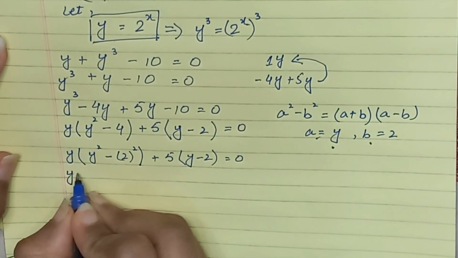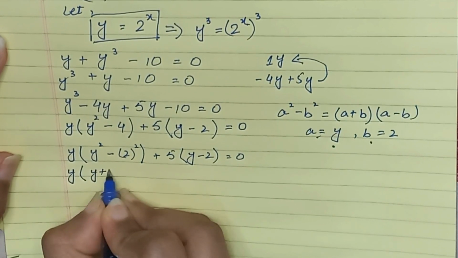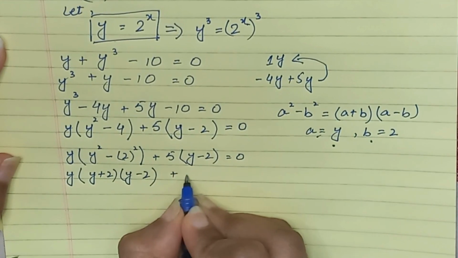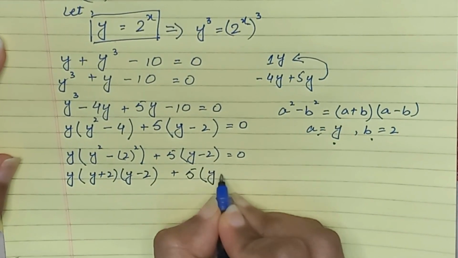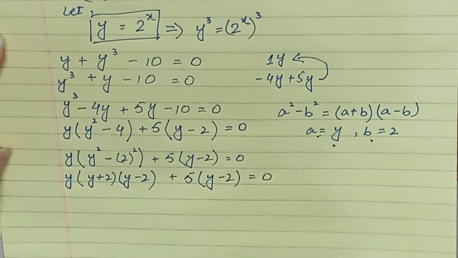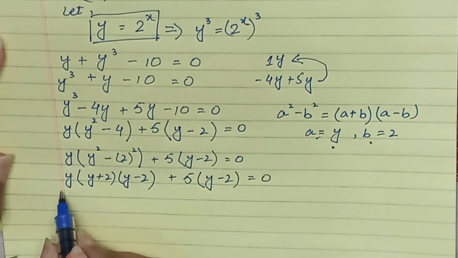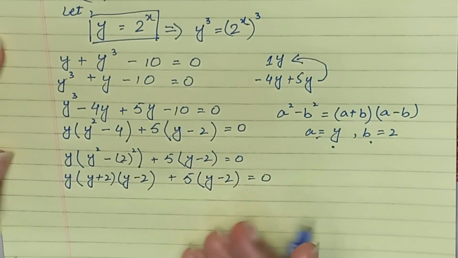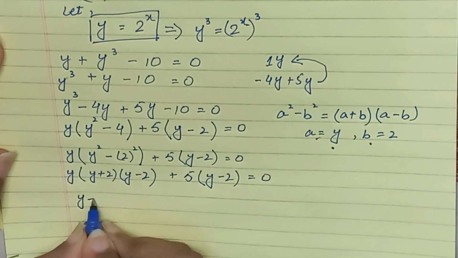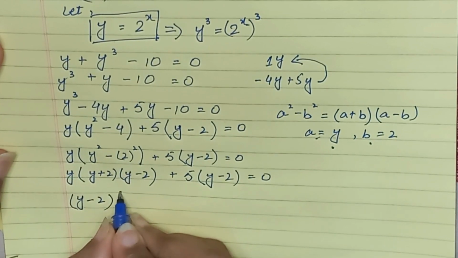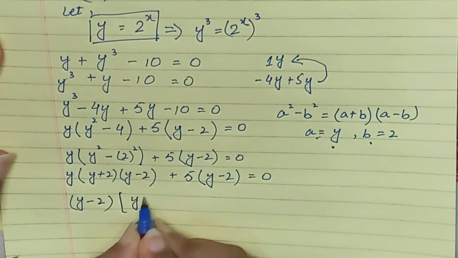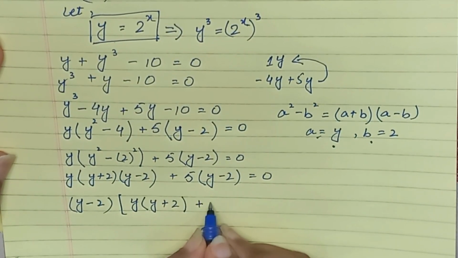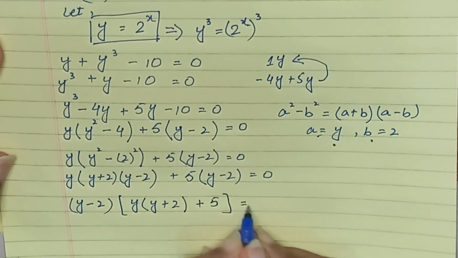So it will become (y plus 2)(y minus 2) plus 5 into (y minus 2) equal to 0. Now you can see that y minus 2 and y minus 2 are the same, so we will take common y minus 2. So it will become y plus 2, and from here it will become 5, equal to 0.